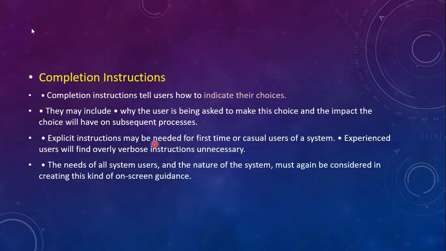So completion instructions are very important if you are a new or inexperienced user, and if you are an experienced user, those instructions may be unnecessary. That is what we are talking about regarding completion instructions in a menu list. These completion instructions tell users how to indicate their choices.